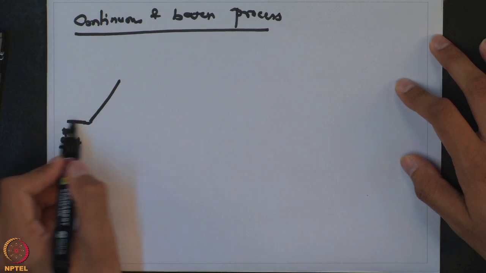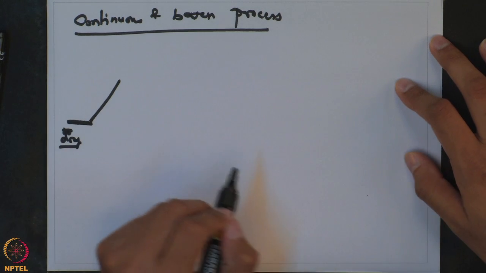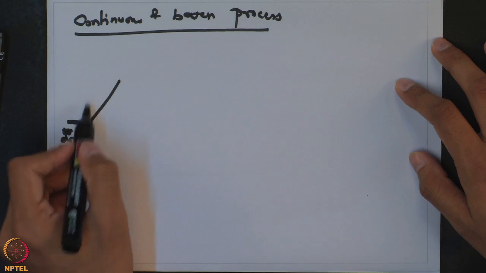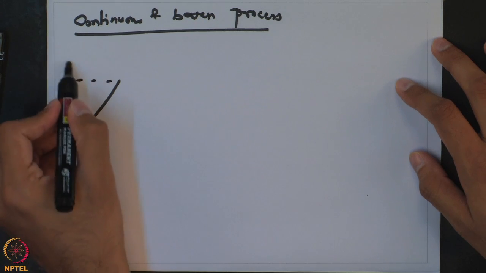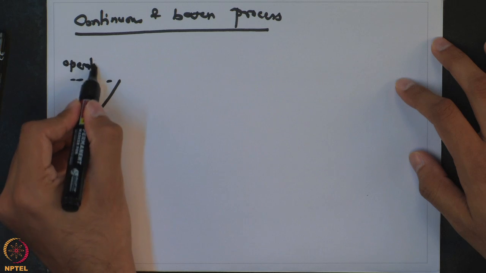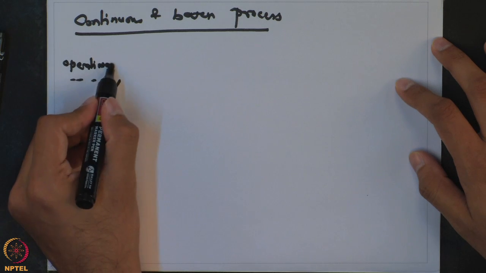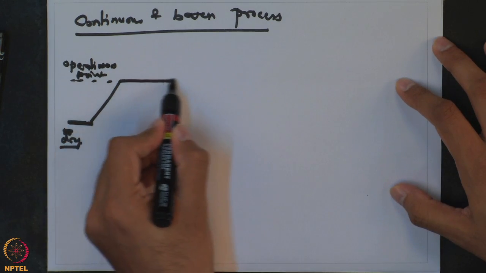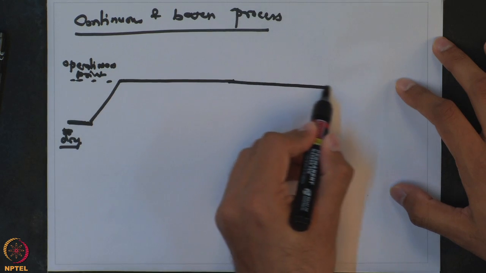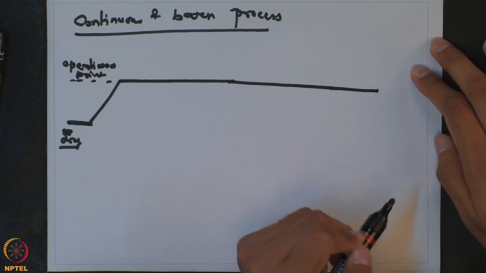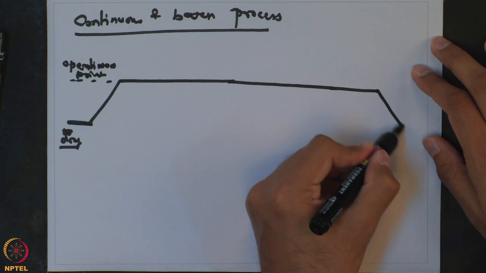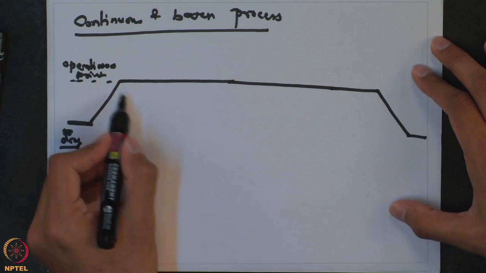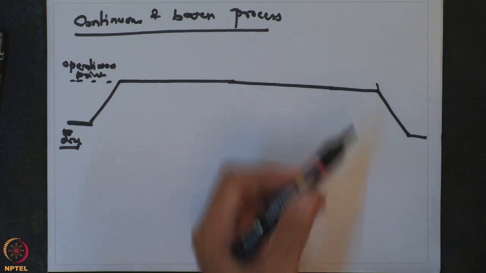There is nothing operational, like a shutdown state, and then you bring all the things to the operational level. And then you try to maintain the operation at that level for as much time as possible till you have a planned shutdown. So this is a startup and this is a shutdown.